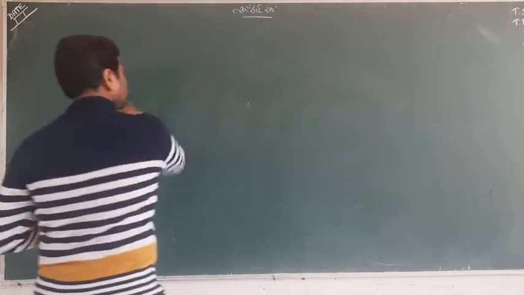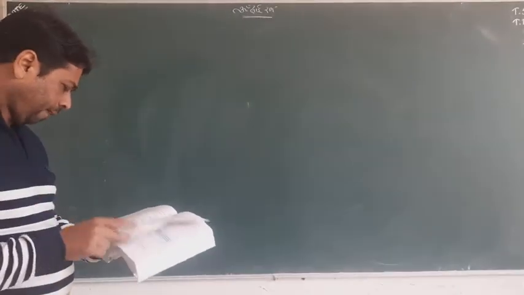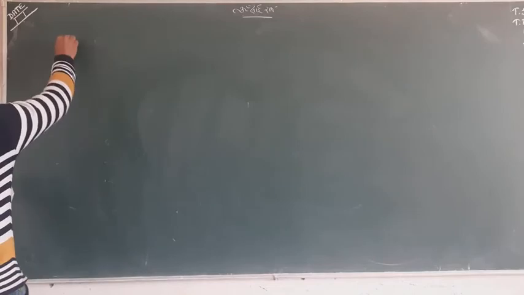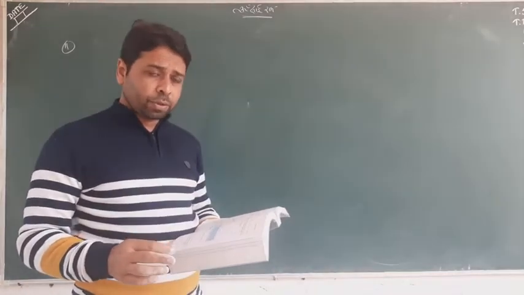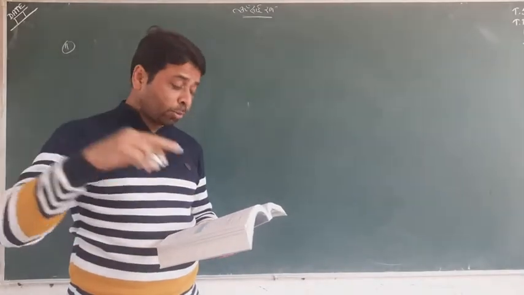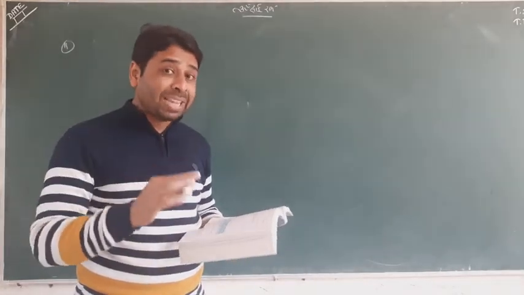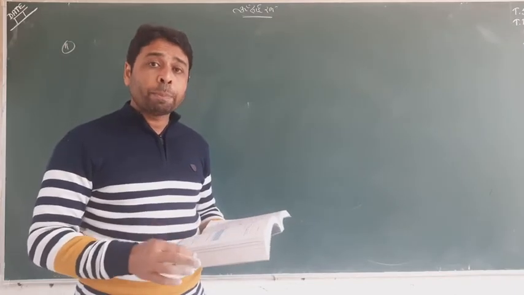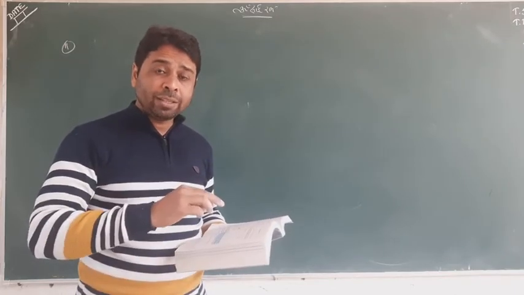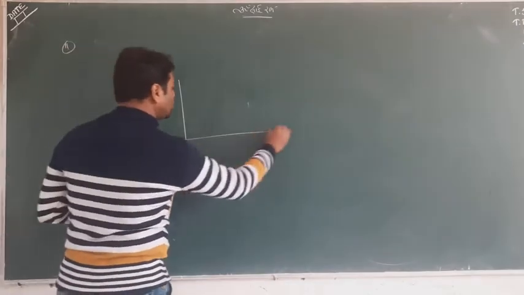Example number 11. The question says, find the equation of the line whose perpendicular distance from the origin is 4 units. Whenever this language comes, it is very important: the perpendicular distance of the line from the origin. You remember this situation?